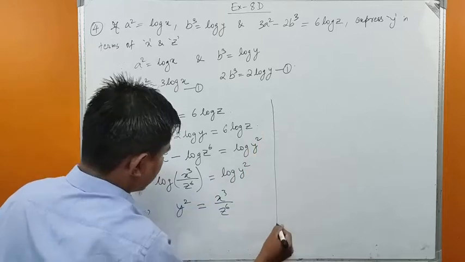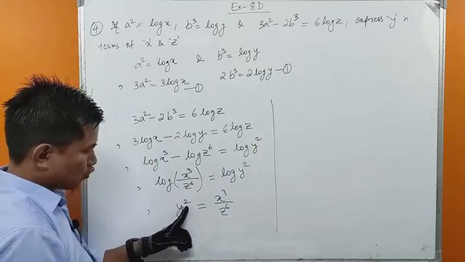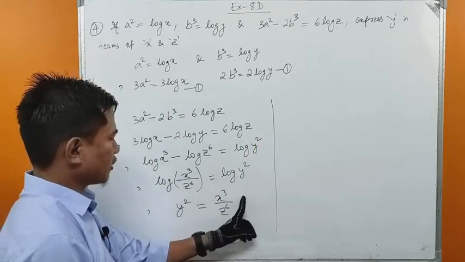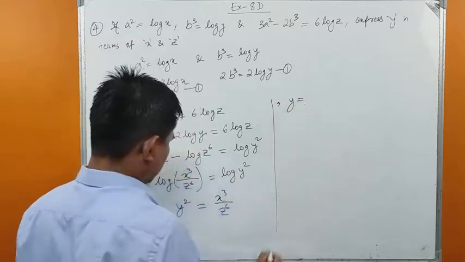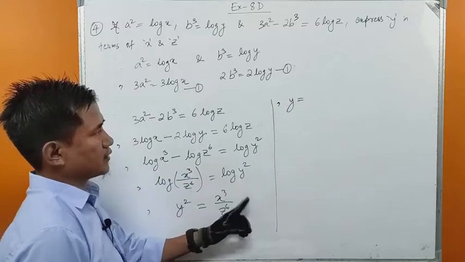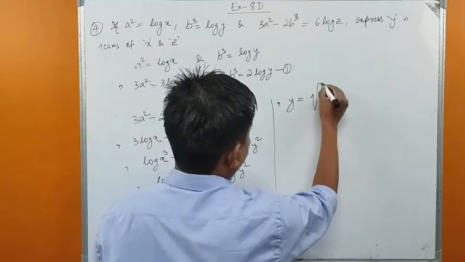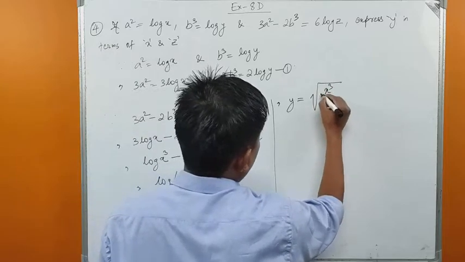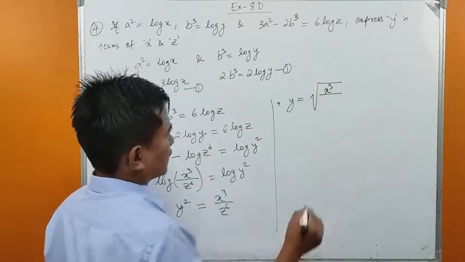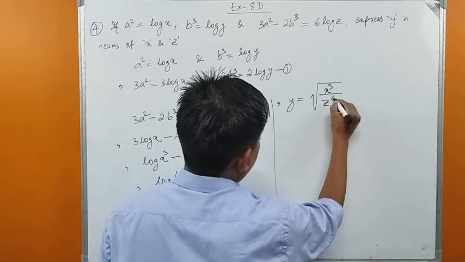So let me continue here. So y square when goes to the right hand side becomes root, isn't it? So y equals, square goes to the right hand side and becomes root under x cube upon z to the power 6.